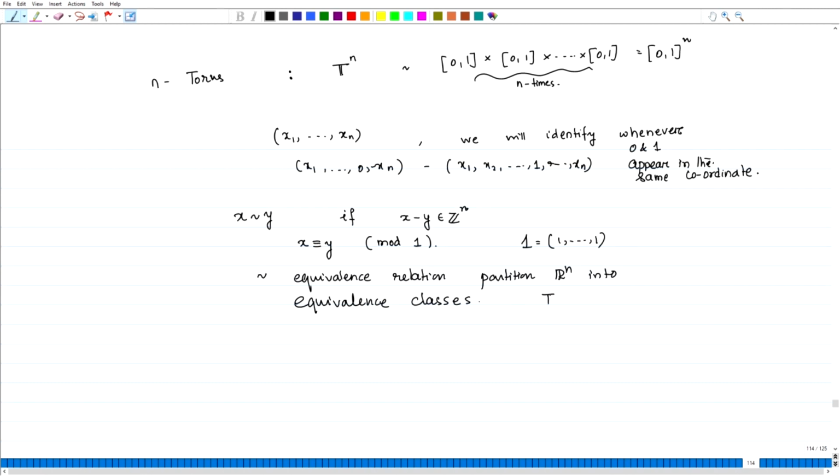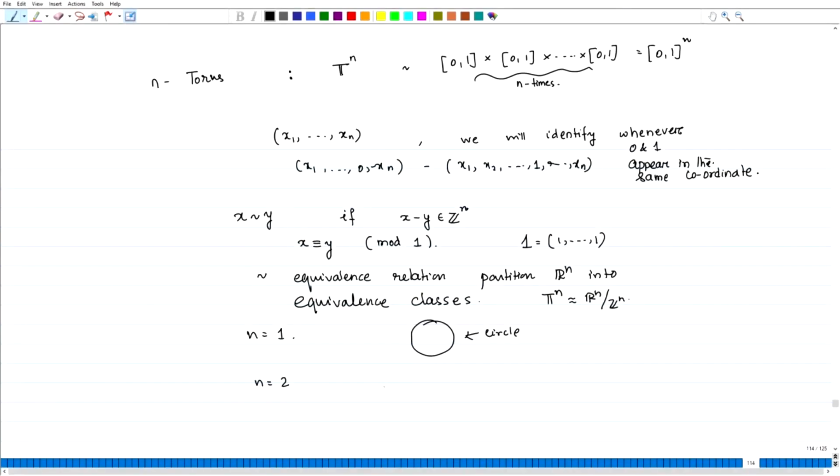So now we denote this as T^n, which is identified with R^n quotiented by Z^n. In the case of n equal to 1, what we have is the circle. If I take n equal to 2, just imagine the [0,1] by [0,1] cube. First the left and right sides are joined together, and you get a kind of cylinder.